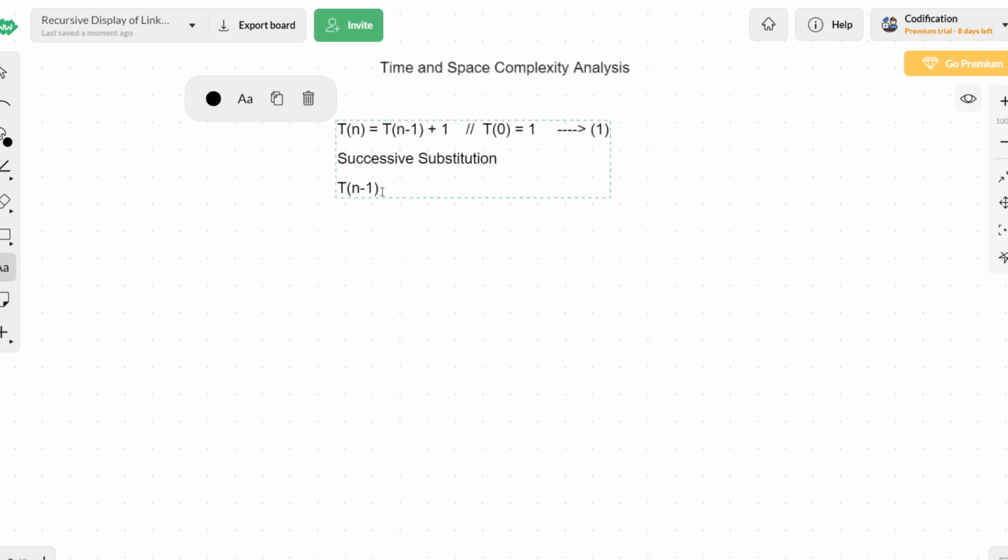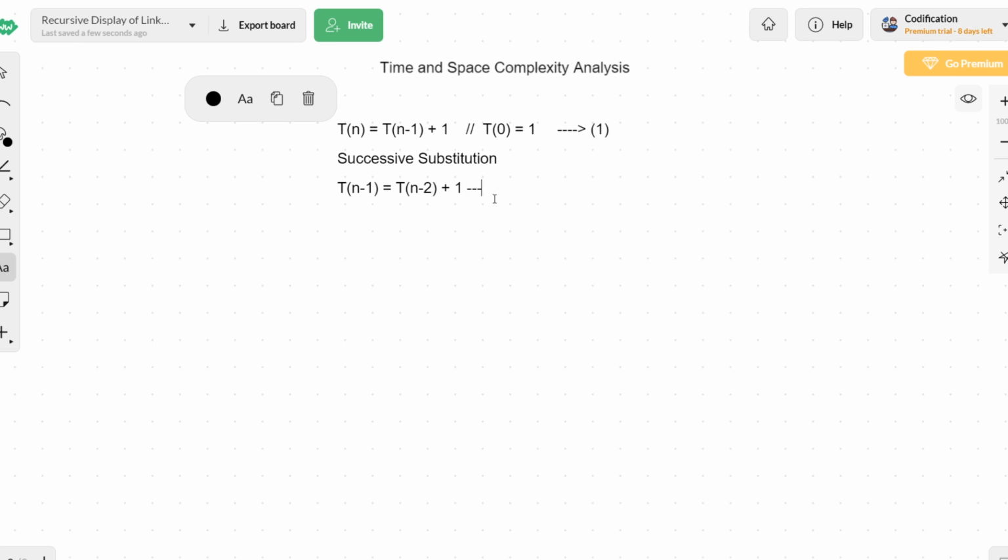In the given equation 1, if you substitute n minus 1 instead of n, you will get the value of T of n minus 1. So instead of n, I have substituted n minus 1. Here also, instead of n, substitute n minus 1. So this becomes T of n minus 1, and there is one more minus 1 here, so minus 1 minus 1 becomes minus 2. So T of n minus 2 plus 1.